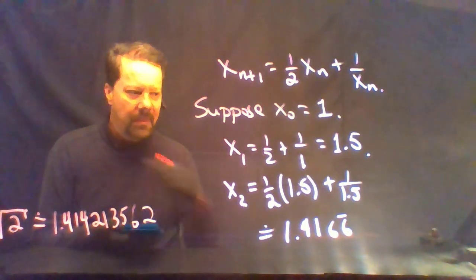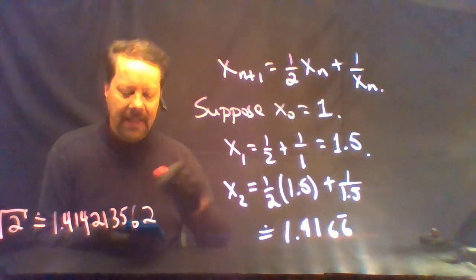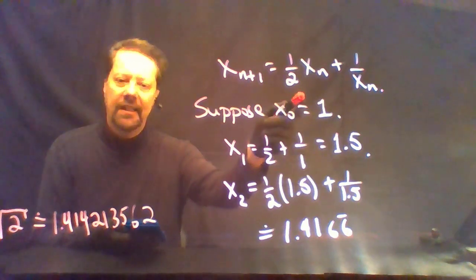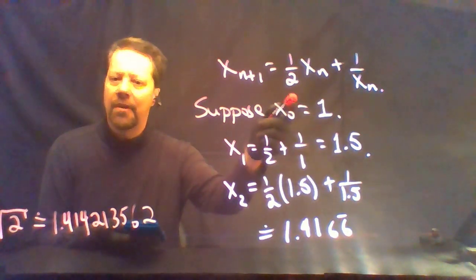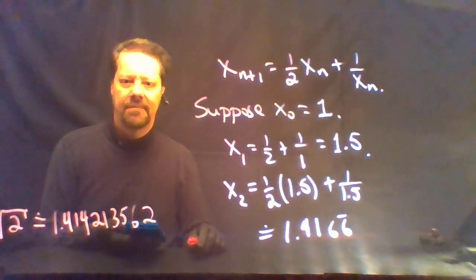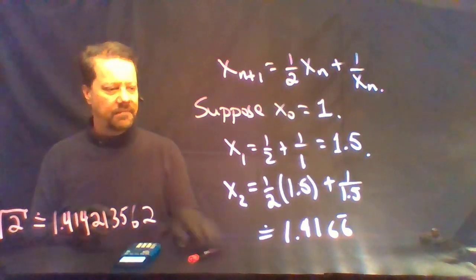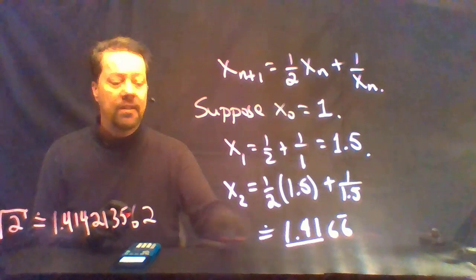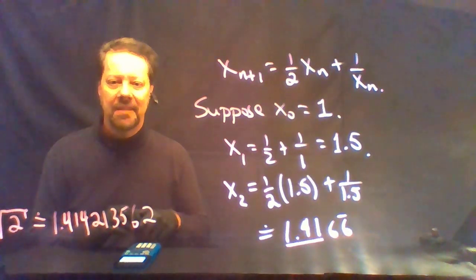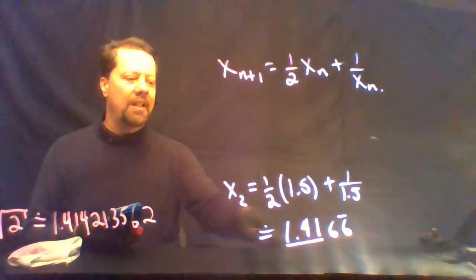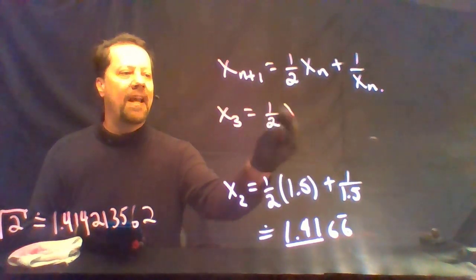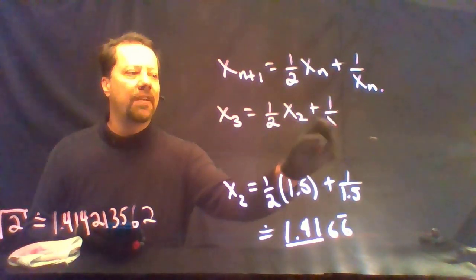What I'll do is I'll store this value in my memory with all of these extra digits, and I'll plug it into this formula again for a third iteration of the method. Keeping in mind that so far we have 3 decimal place accuracy. I've stored this value in my calculator's memory. x3 is going to be 1/2 x2 plus 1 over x2.